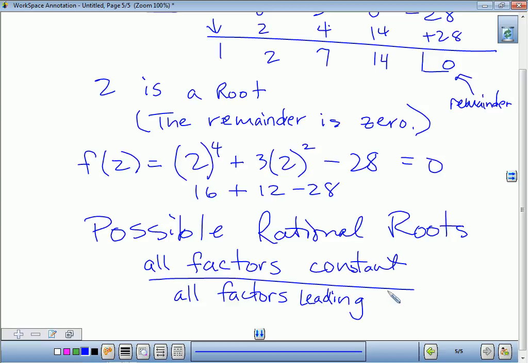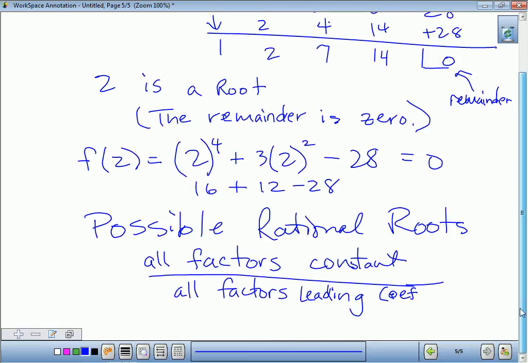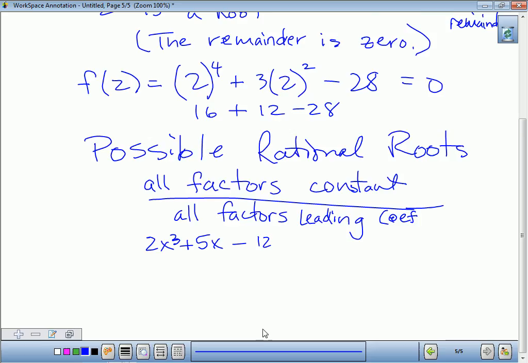P's and Q's. Do y'all remember the P's and the Q's? So if we had 2x to the 3rd plus 5x minus 12, and I ask you to list all the possible rational roots.